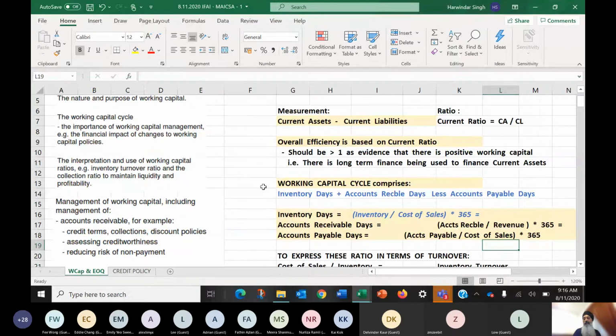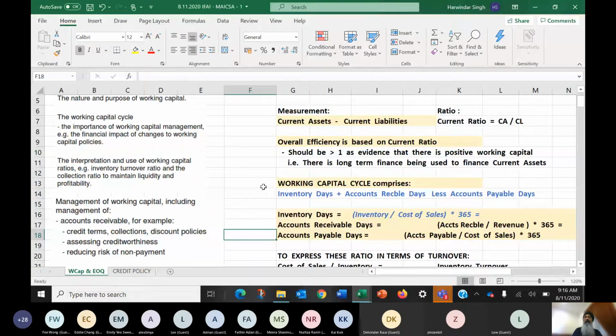Usually it is not, because usually they'll give you an extract from the statement of profit or loss, and in the statement of profit or loss, you have revenue, cost of sales, gross profit, and so on and so forth. So the working capital cycle is inventory days plus accounts receivable days less accounts payable days. That's what it is.